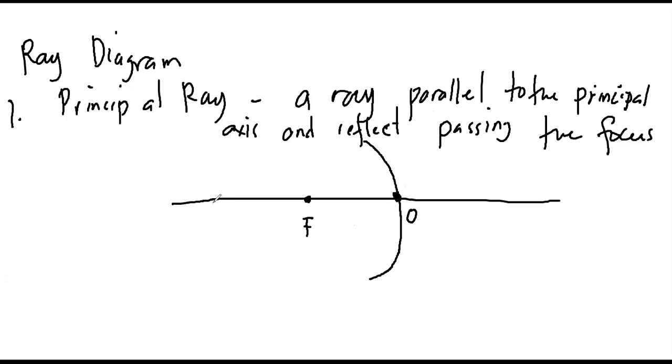Now, the length of the focal length and the length of the focus to the center must be equal. So these two lengths must be equal. In your drawing, the estimation of the focus will be dependent on the curvedness of your mirror.